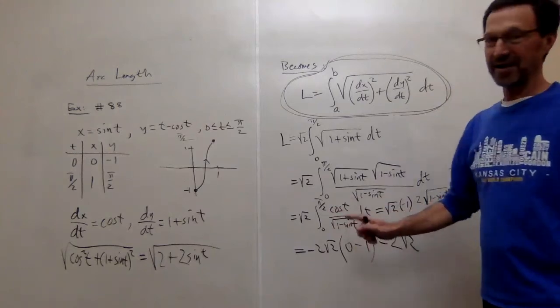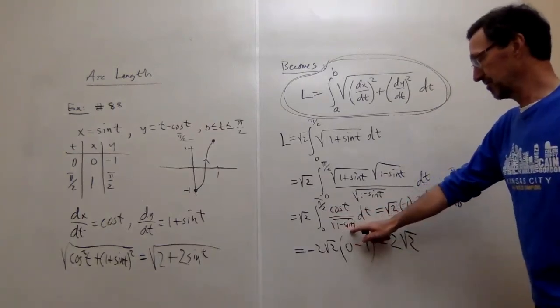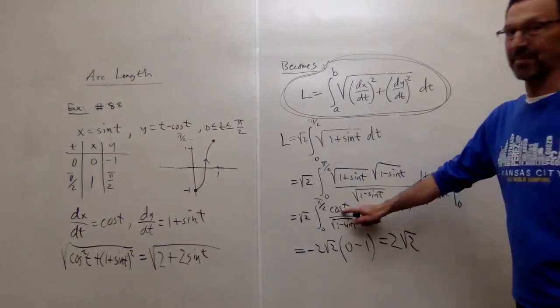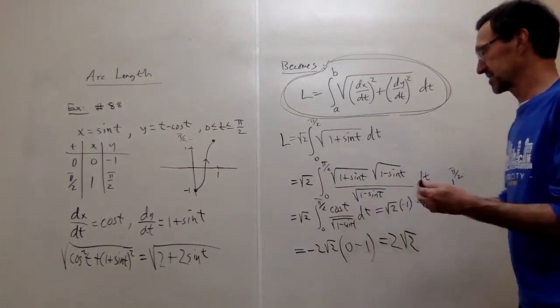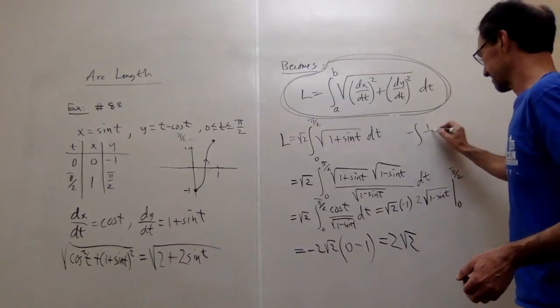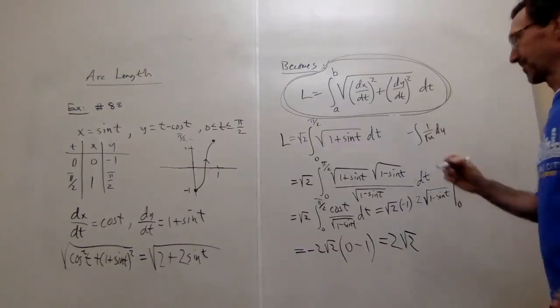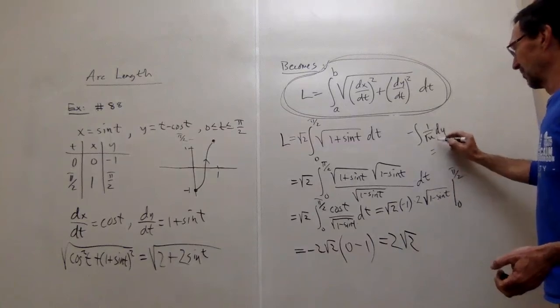And when you find it, we're going to substitute. I didn't write the details out. I'm going to let u be 1 minus sine t, and then du is minus cosine t. So this integral becomes, ignoring all the extra junk, that. And when you integrate it, a wonderful thing happens.